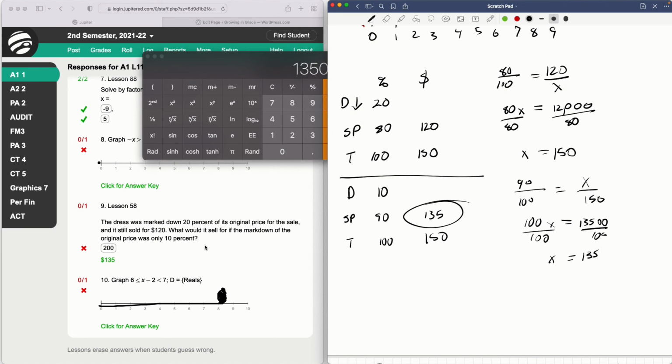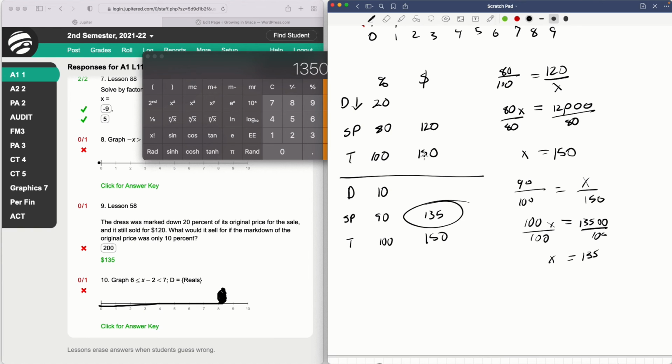It's just a multi-step process, and you have to think about what the question is asking and how you would get to that answer. Up here, we had to figure out the percentage that we're actually paying at this price. We didn't know what the total was. By figuring out the difference between the markdown and the percentage it sold for, that gave us a proportion that we could set up and cross multiply to find the total amount.